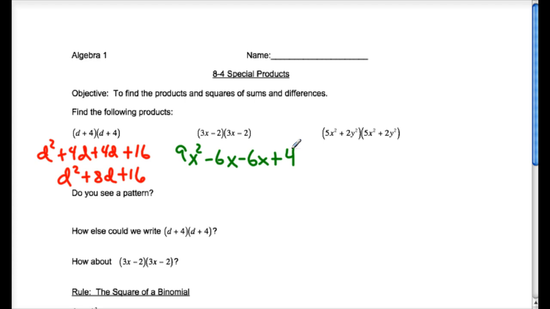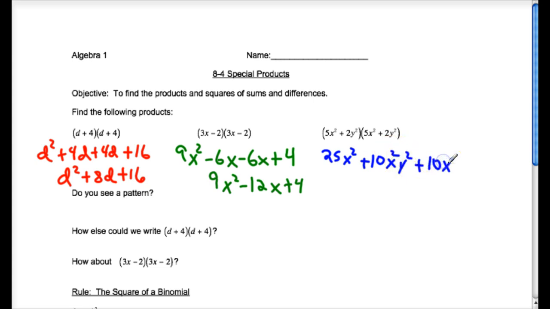The like terms are always the same. There's a comment, very good. First, outside, inside, last. The middle ones are always the same. You are correct.